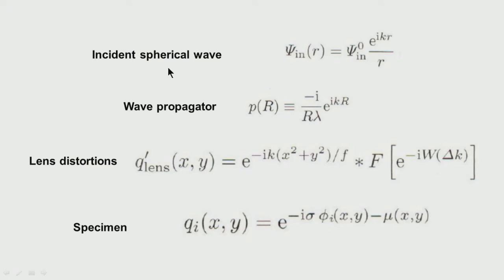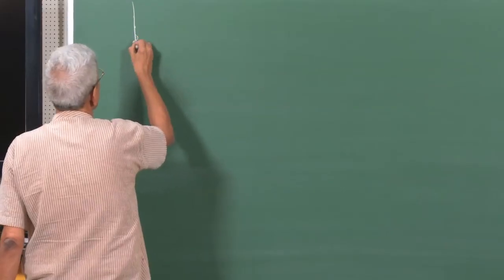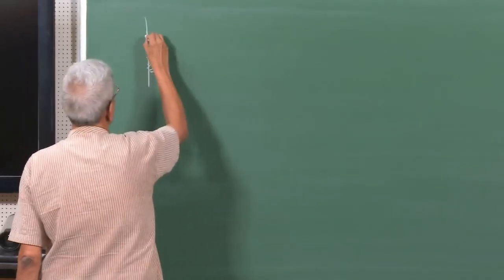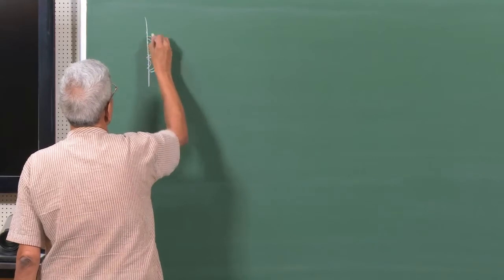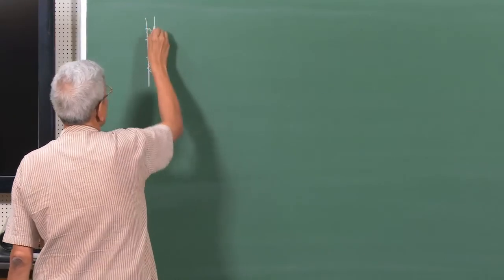So, let us look at it sequentially, starting with an incident wave. Though it is a plane wave, from every point, how is that wave propagated? It is essentially spherical wavelets emanating from each of these points, and these spherical wavelets undergo constructive or destructive interference.